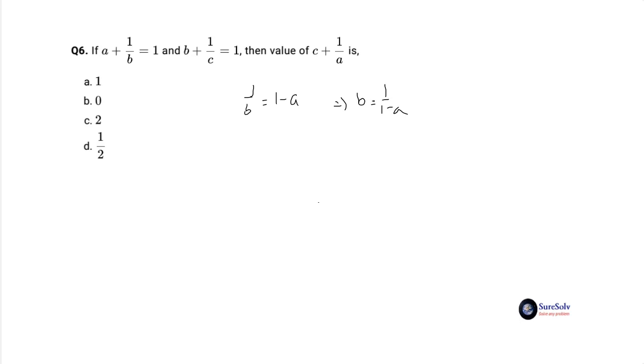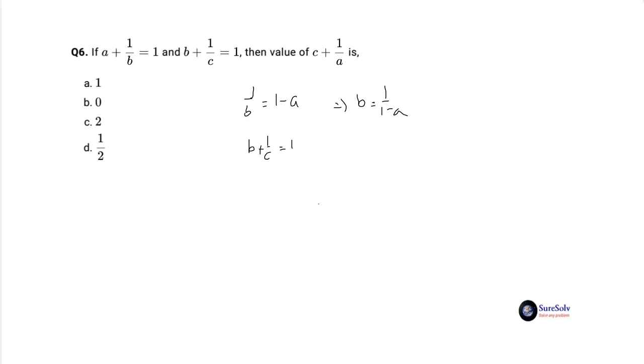Now substitute the value of b in the second equation so that only c and a remain in the equation. You get b plus 1 by c equal to 1, or 1 by 1 minus a plus 1 by c equal to 1, or 1 by c equal to 1 minus 1 by 1 minus a equal to minus a by 1 minus a.